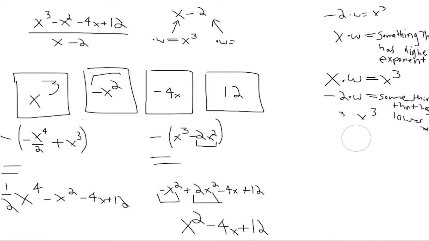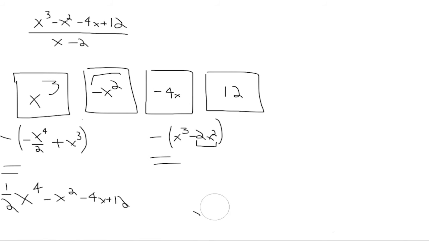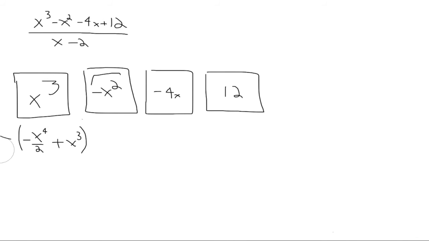we have concluded, right? We've concluded that we're going to get, let's get rid of all of this. Okay. We're subtracting w times x minus 2, right? Which one are we going to choose to multiply by w to equal x cubed?